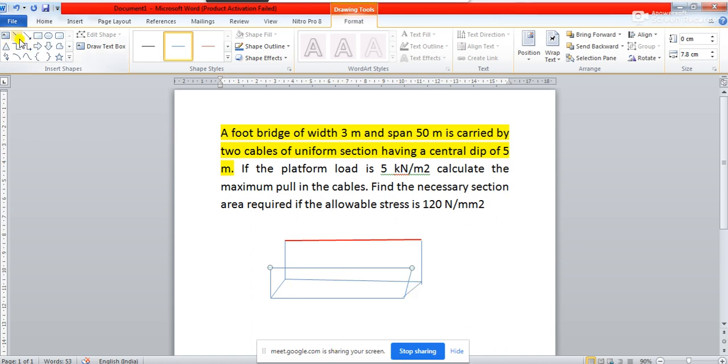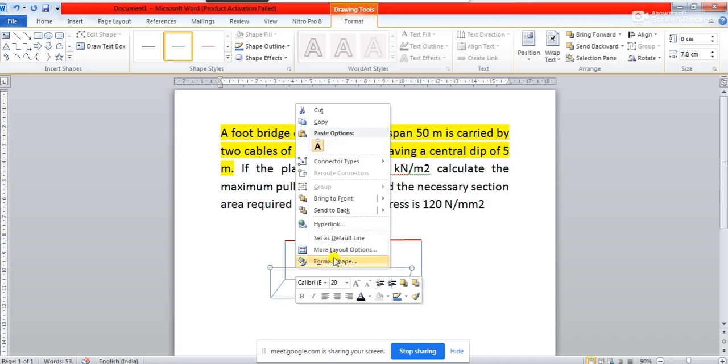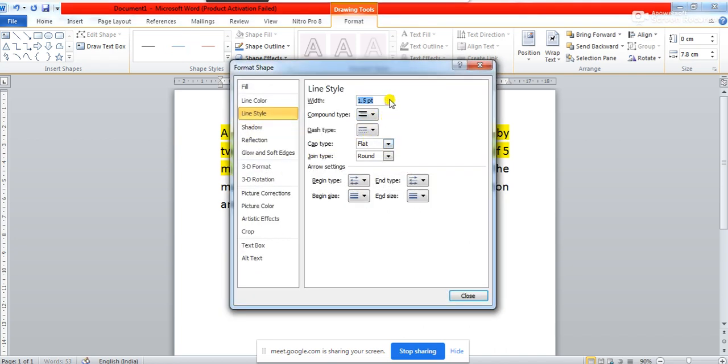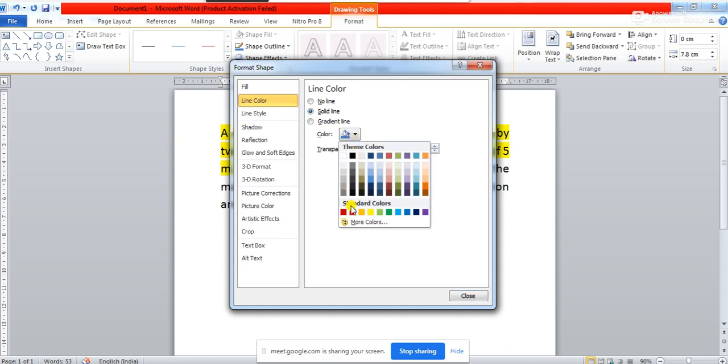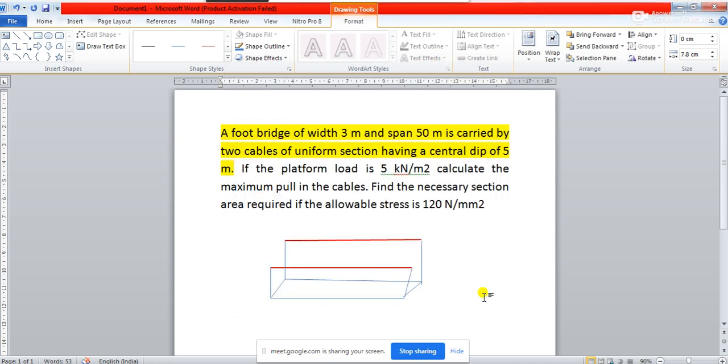If I mark it something like this, increase the width and change the line color, basically these two are the cables, okay?